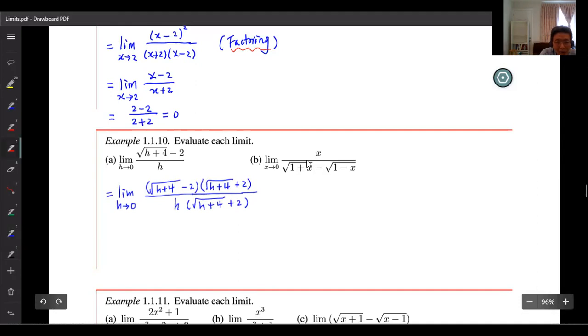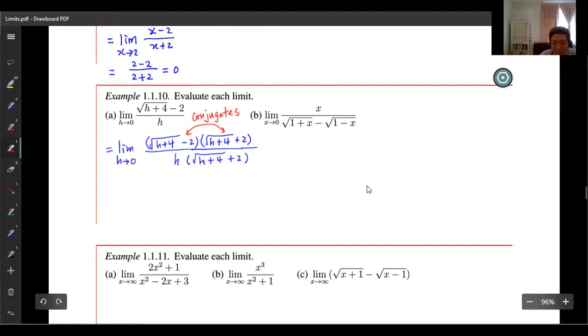In algebra, we know these are called conjugates of each other. We multiply numerator and denominator by the conjugate. Then we can use the factoring pattern.